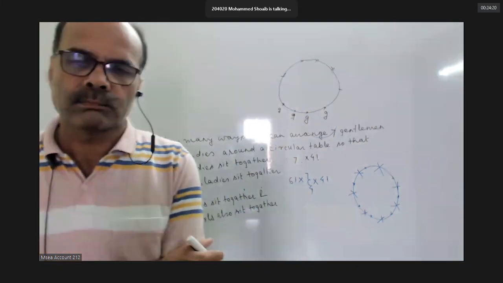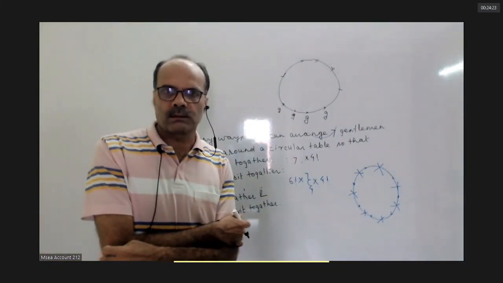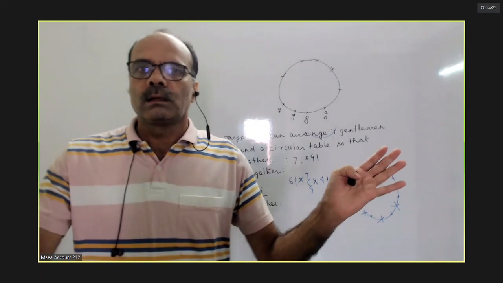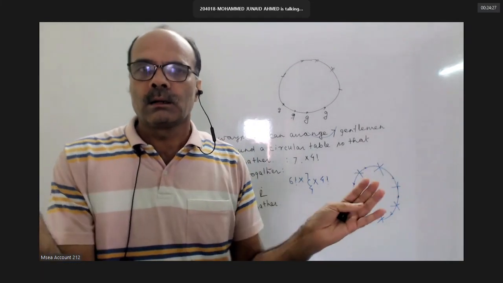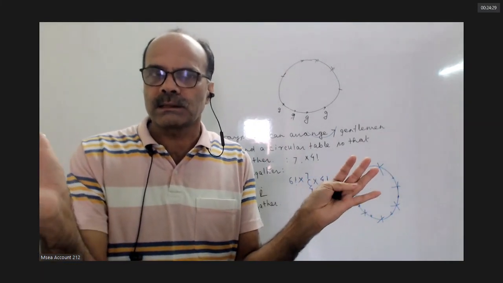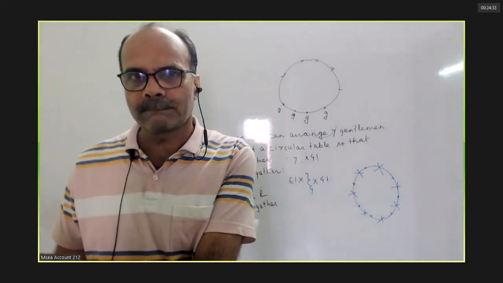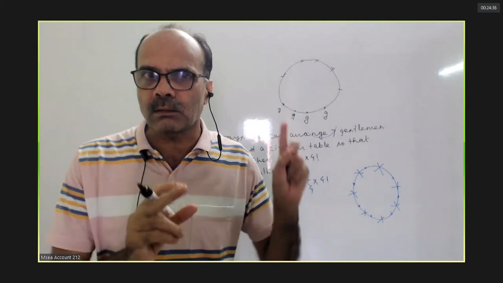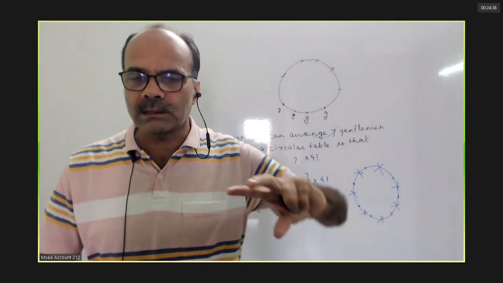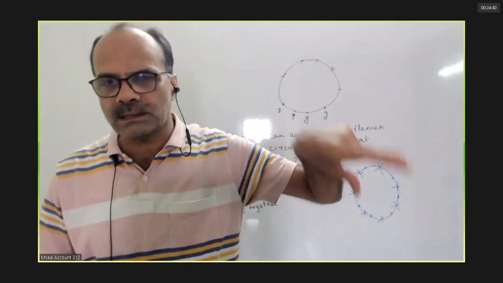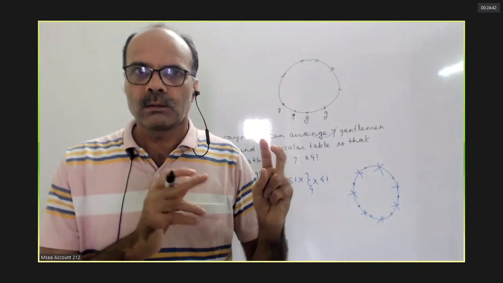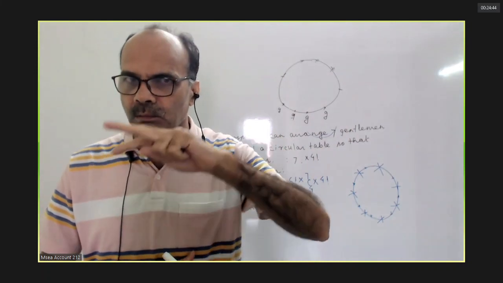Correct. 7 factorial into 4 factorial, because both are arranged linearly. Once you just assume 7 boys 1 unit, 4 girls 1 unit, the total number of different units is only 2.